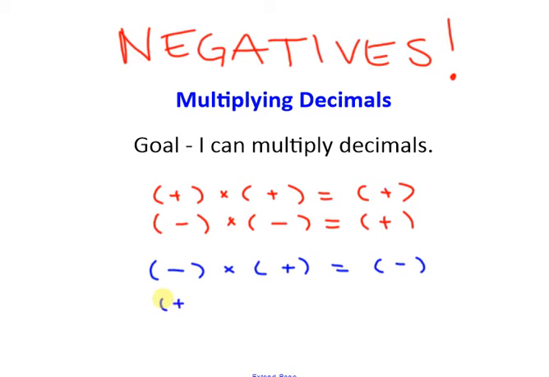And when you have a positive times a negative, your result is going to be a negative, which basically means that if you have the same sign, your answer is going to be positive, and if you have different signs, your answer is going to be negative. So please keep those rules in mind as we work our way through multiplying decimals. All right, let's go ahead and get started.